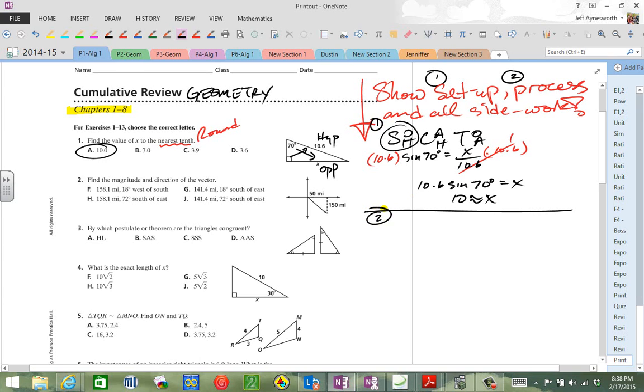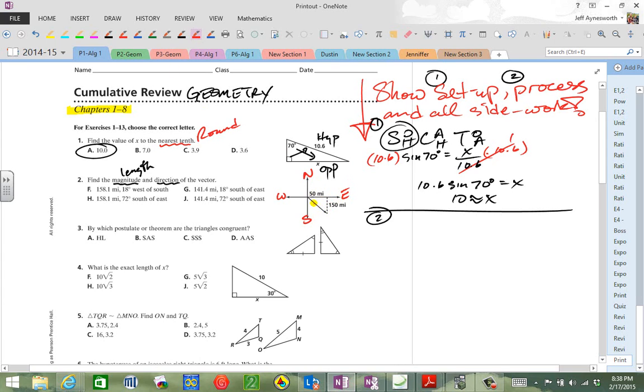Number 2. Find the magnitude, or length, underline that word, and the direction of the vector. So two different things. First of all, never eat shredded wheat: North, east, south, west. The question is, how many degrees east of north or south of east is this vector going?